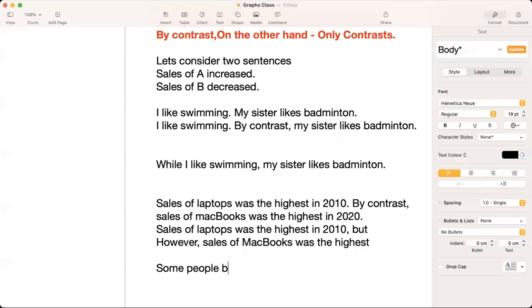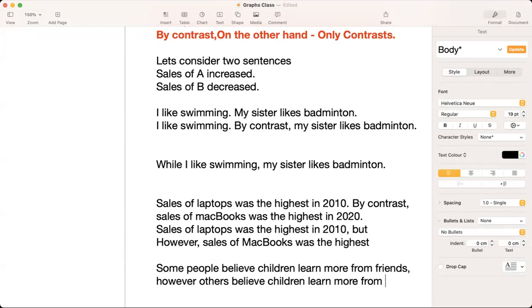Some people believe parents, students, children learn more from friends. However, others believe children learn more from parents.